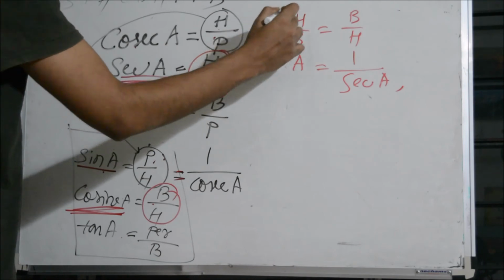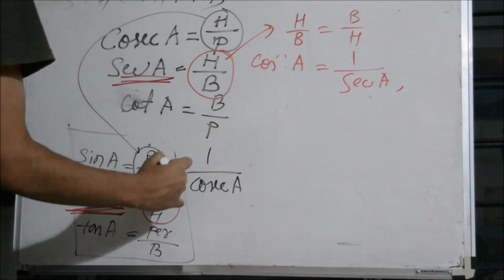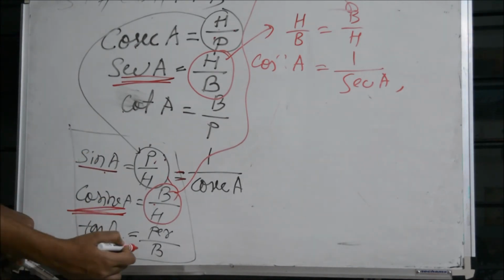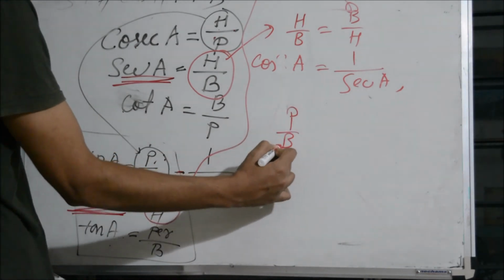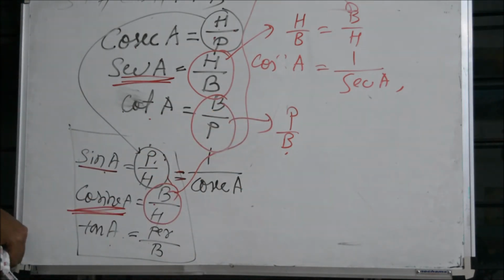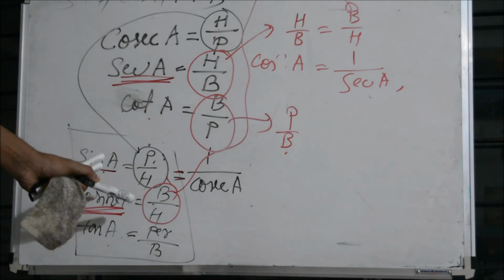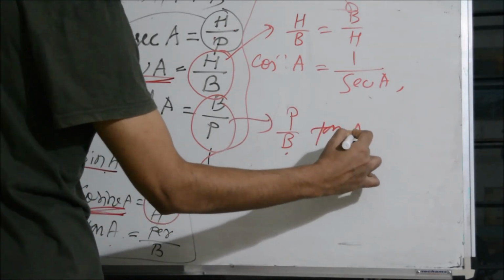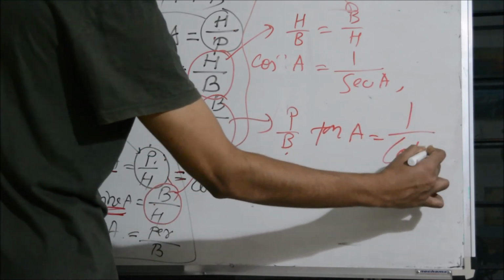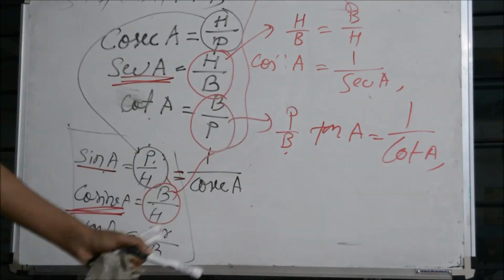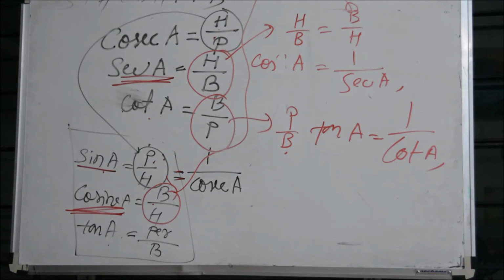Next, if we compare tan of angle A, that is perpendicular by base, and cot of angle A, which is base by perpendicular. That means tan and cot are reciprocal. So tan of angle A is equal to 1 by cot of angle A, right?